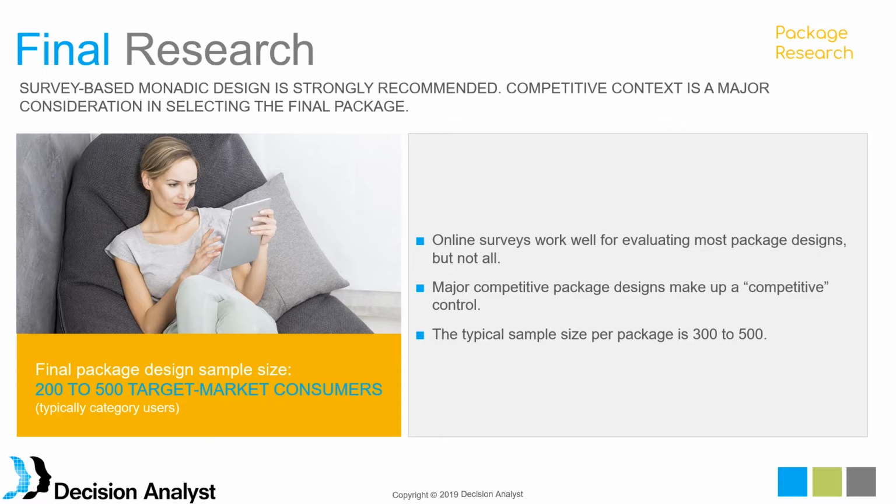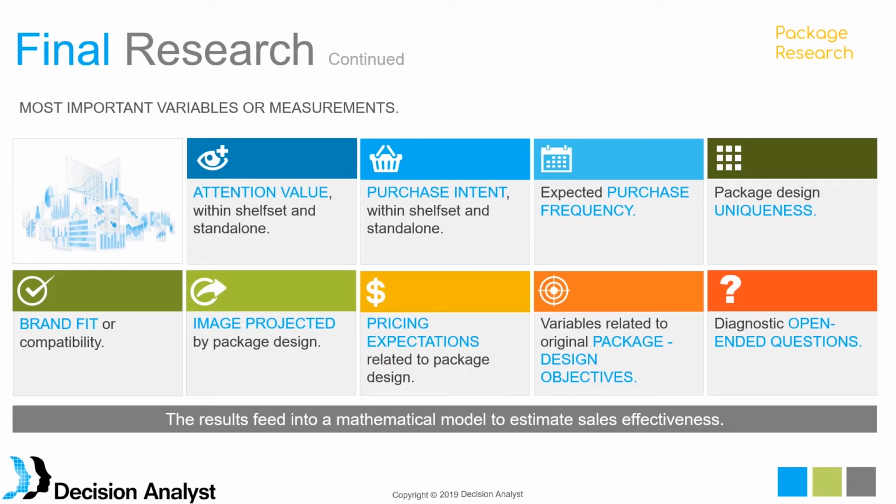Typically, we'd work with sample sizes anywhere from 300 to 500. And if it's really, really important, it's a $1 billion product category, we may scale that up to 1,000 interviews. So this final research, again, we'd be using some of the measures that I mentioned earlier, like attention value and purchase intent. We would also include purchase frequency and the uniqueness measures and brand fit, perhaps even category fit. We would want detailed information about the brand image projected.